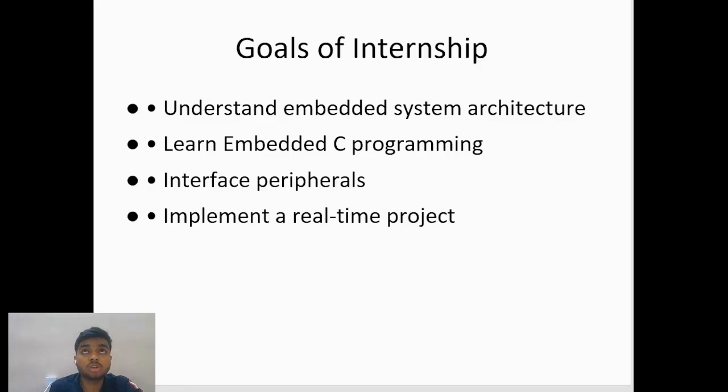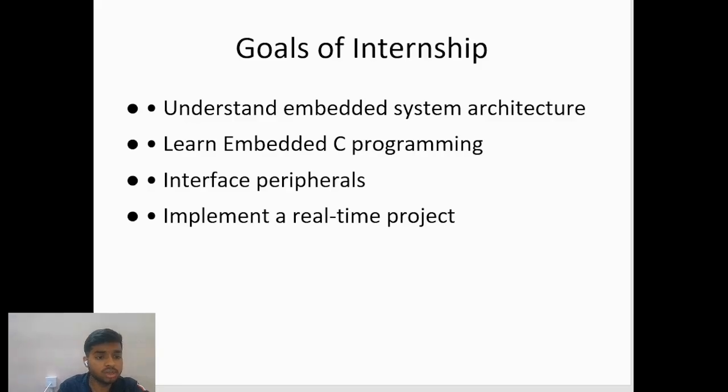We also focus on interfacing peripherals like LEDs, switches, and LCDs. Overall, the internship helped us become more confident in embedded system development.